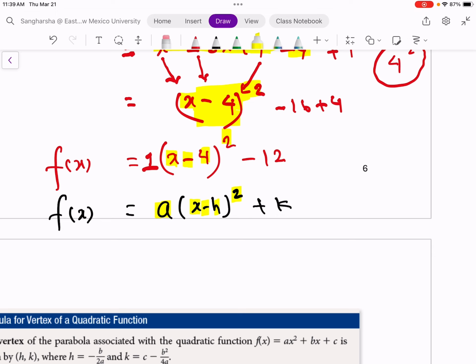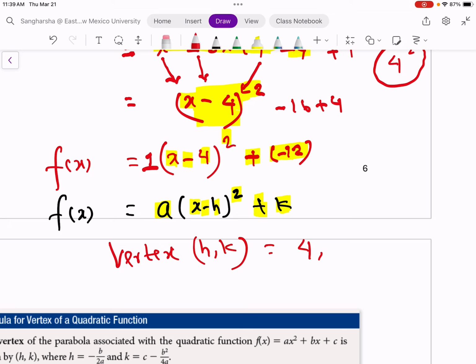So can we rewrite negative 12 as a positive times negative 12? It's the same thing, right? Now we have the positive, and for k we have negative 12. So our vertex (h, k) is: h is 4 and k is negative 12.